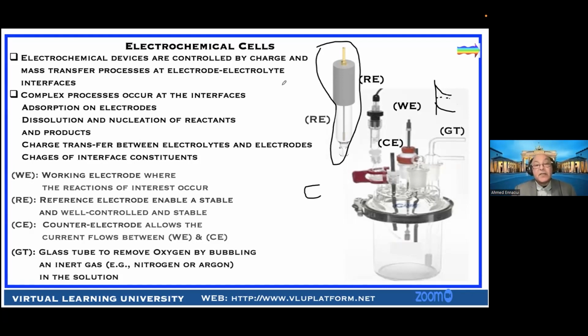There is electron transfer, there is mass transfer, and a lot happens at the electrode-electrolyte interface. Complex processes can happen: adsorption on the electrode, dissolution, nucleation of reactant and product, and charge transfer between the electrolyte and the electrode. This has to be studied with this kind of setup, what you see here.